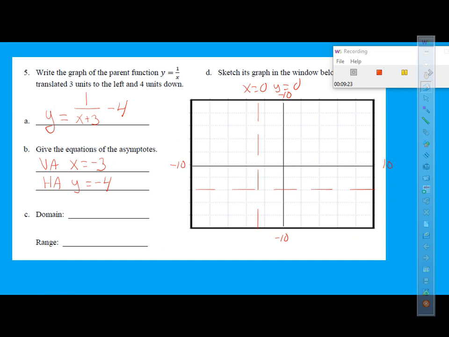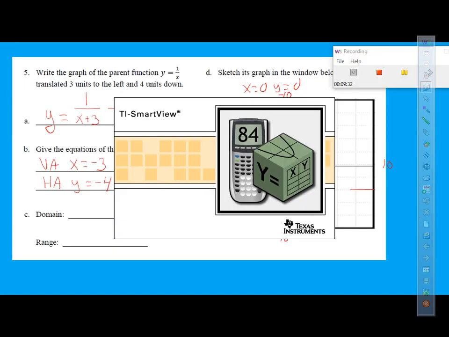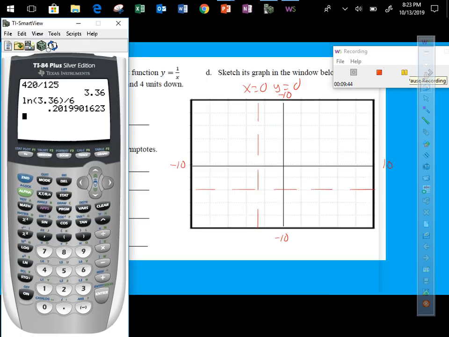Now, you can use your calculator now, if you'd like, to grab a few additional points. Make sure you know how to type that in correctly. So once my calculator pops up here, we'll get that typed in. So I'm going to clear out anything I have.